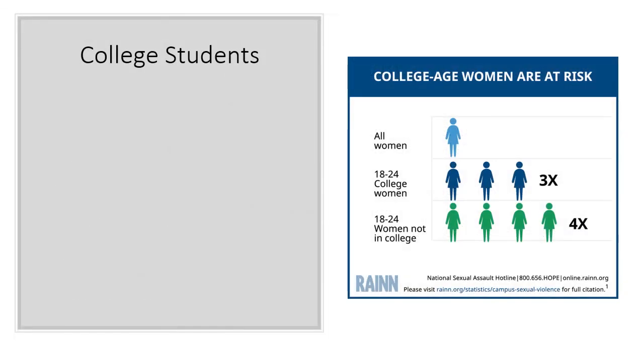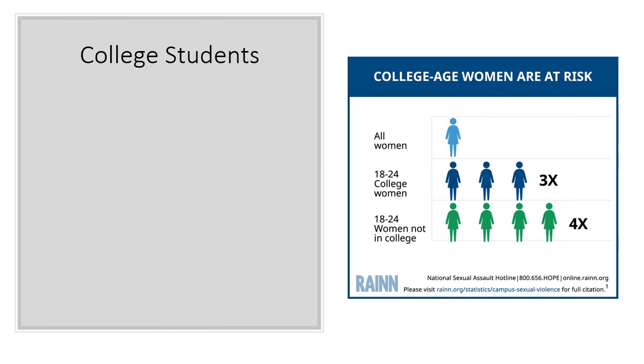Now we're going to finish part one by opening our discussion of college students, because you're college students. So I want you to get an understanding of the particular situation of sexual violence experienced by college students. As reported by RAINN, traditional college-age women, 18 to 24, are at particular risk in comparison to the general population of all people.